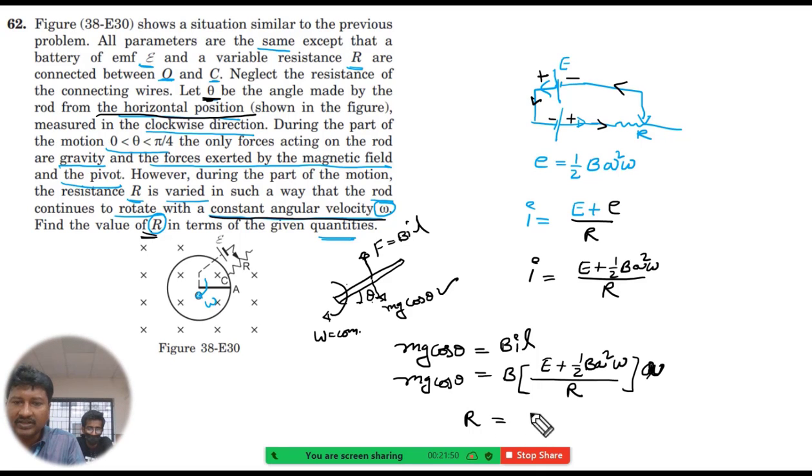R is equal to 2BE plus B squared A squared omega, multiplied by A, by 2 mg cos theta. Okay, this is the answer for that.